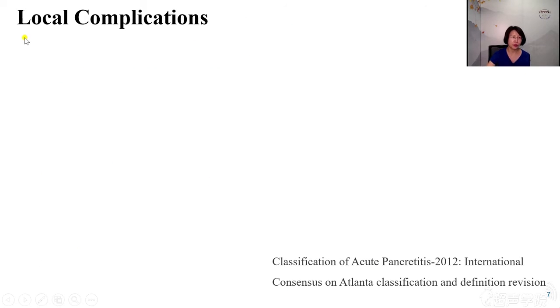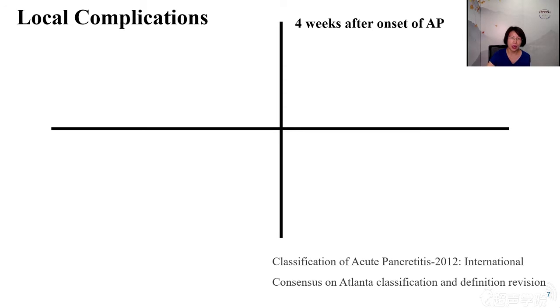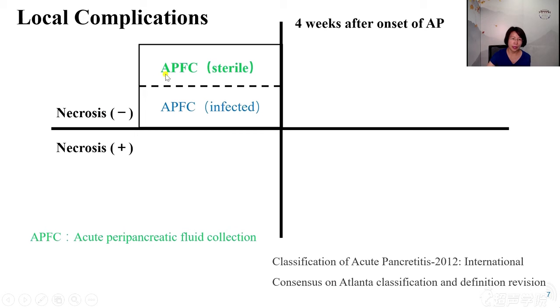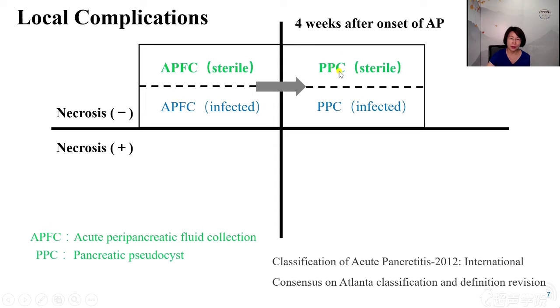Now, let's move to local complication. There are several local complications according to the onset of AP, and if there is necrosis, the complications are divided into 4 groups. Within 4 weeks, without necrosis, it is APFC, acute peripancreatic fluid collection. Without necrosis, after 4 weeks, it is PPC, pancreatic pseudocyst.